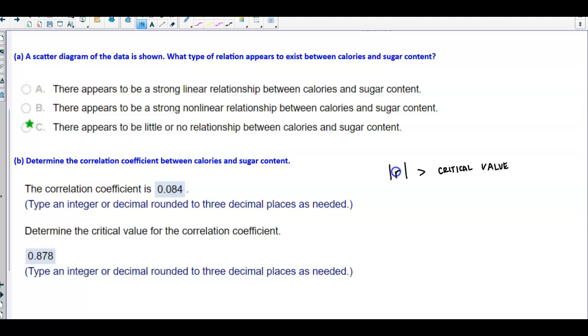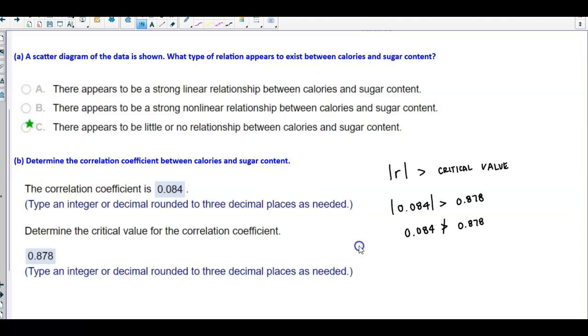Otherwise there isn't. So the absolute value of 0.084, is that greater than 0.878? It's not greater than.